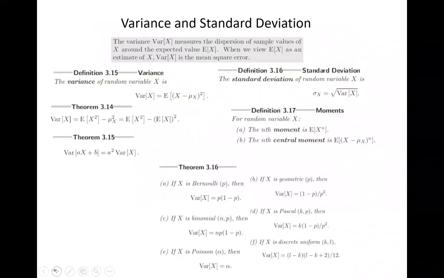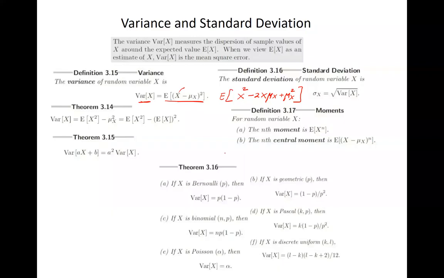Okay. Variance and standard deviation. The variance of a random variable is given with this formula. We can expand this: the expected value of the square of this, minus 2 times x mu x, plus mu x squared. Okay, so we can use this here.